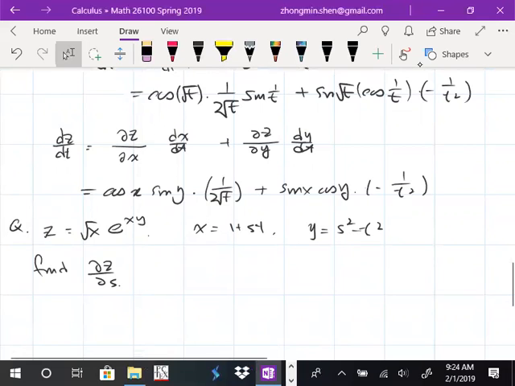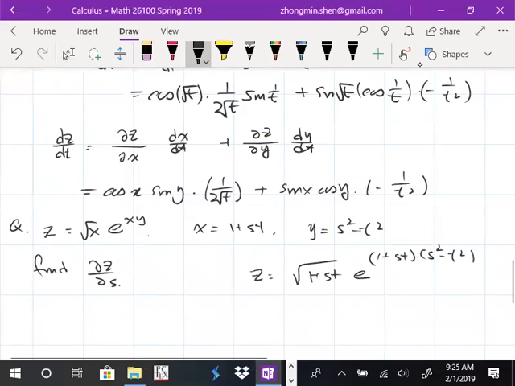So you can express z as a function of s and t: the square root of 1 plus st, and e to the power of 1 plus st times s squared minus t squared. Then you differentiate, okay? But I don't want to do that, it's pretty complicated.